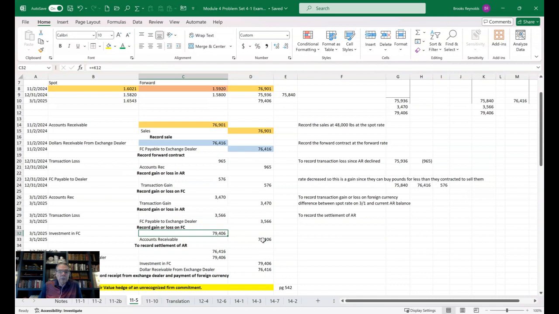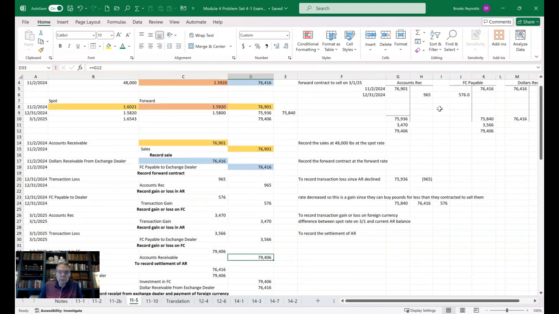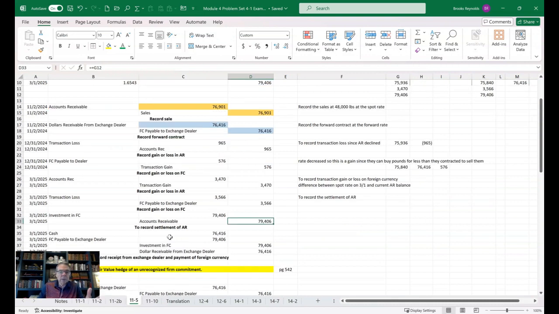All right. So that's going to decrease the AR balance because the customer pays us. So we're going to have a credit to the accounts receivable. That balance goes away. And now we are in possession of 48,000 pounds. And so we're going to take that 48,000 pounds and we're going to deliver that to the dealer.